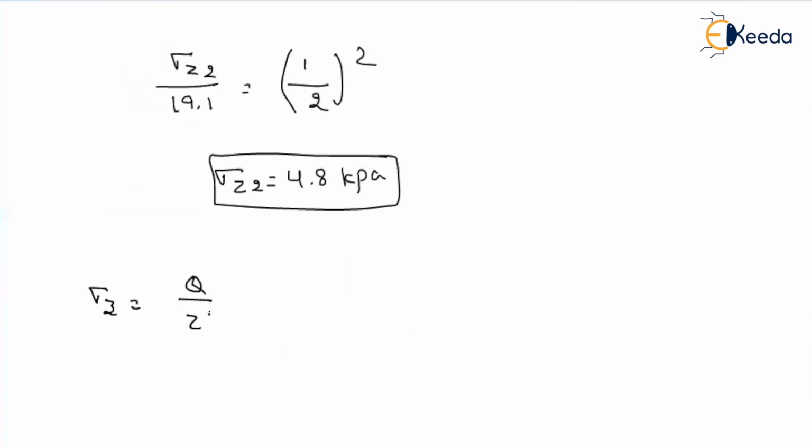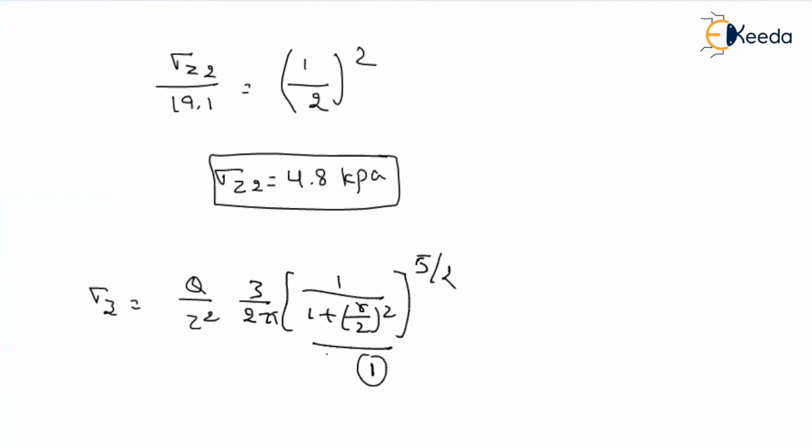Q divided by z square into 3 divided by 2 pi into 1 divided by (1 plus (r by z) whole square) whole to the power 5 by 2. R is equal to 0, so this term goes to 1. What about this term? Constant.